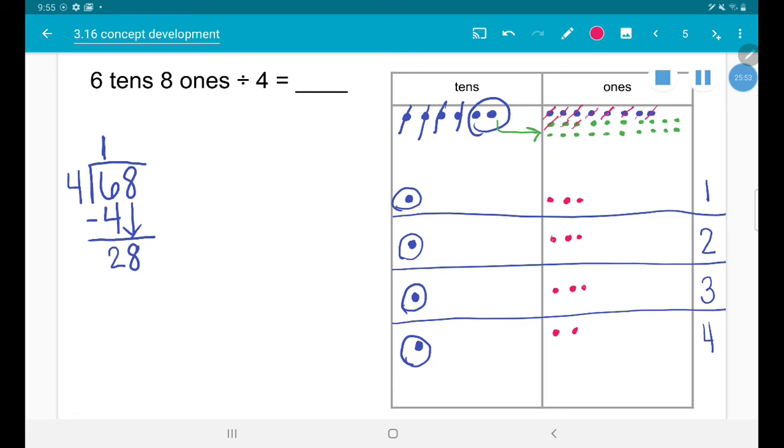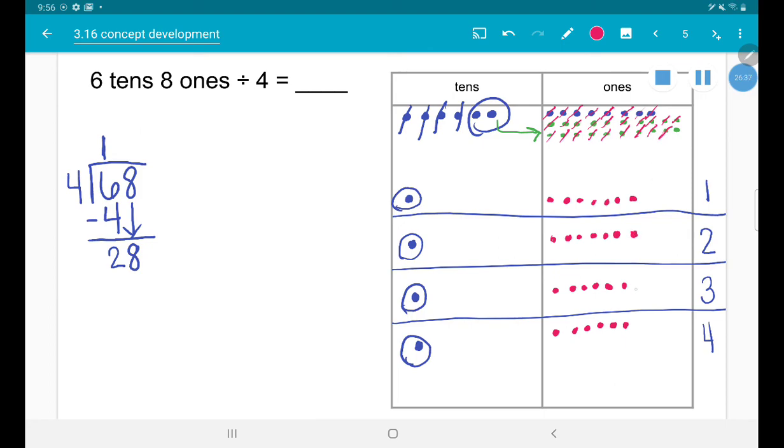I still have 2 left. I have 1 more. Count very carefully.